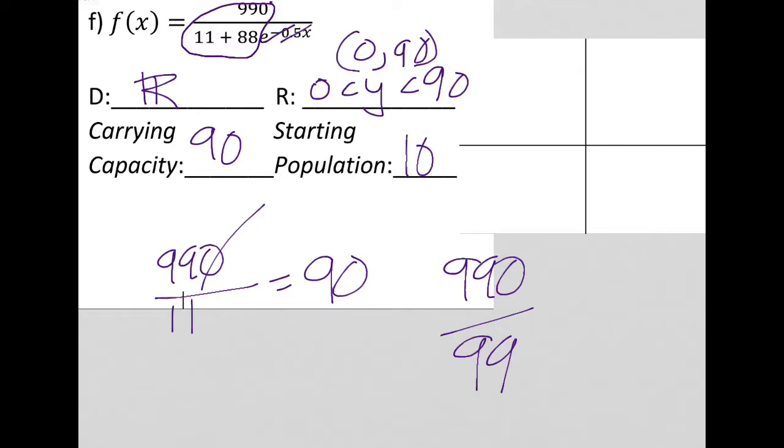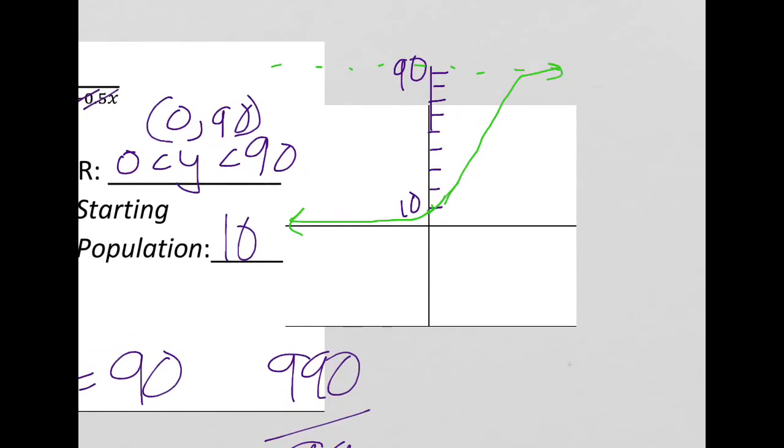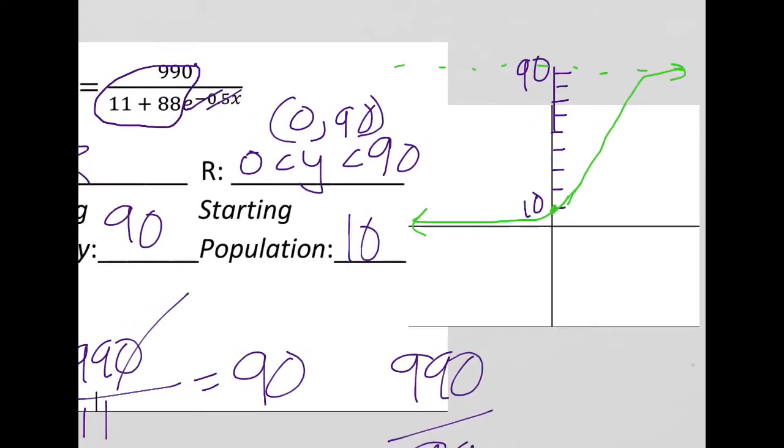And so I'm going to sketch all this in 1, 2, 3, 4, 5, 6, 7, 8, 9. My scale is going to go by tens, so this is 90 up here, and that's 10. And my graph is going to come in and go up, level out, and I'm going to have that horizontal asymptote right there. So that's kind of sloppy looking, but that's generally speaking what we're looking for with this.